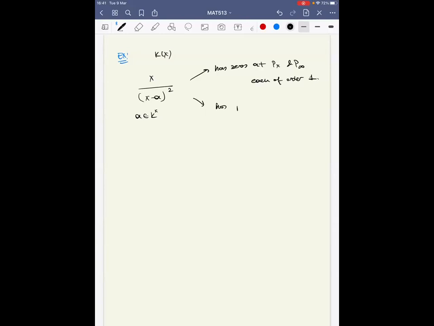And it has a pole at the place determined by the linear factor x minus a of order 2. And here note that all zeros and poles are rational, so they are degree 1 places.